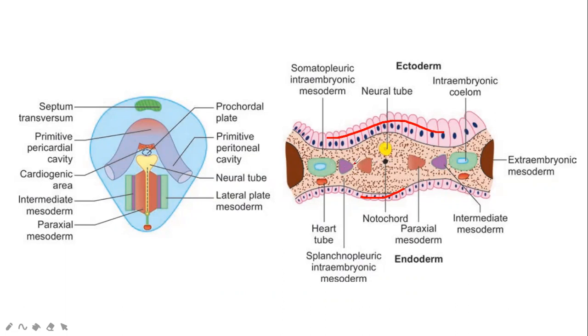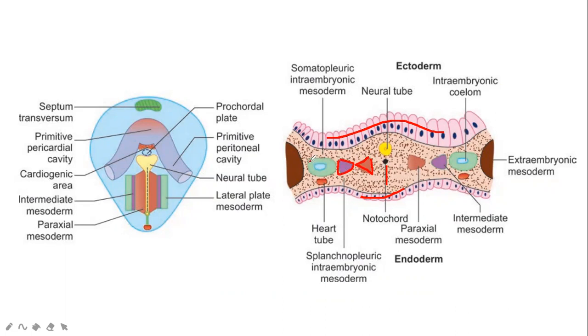So the mesoderm will divide into a mesoderm that will be close to the notochord. The notochord is basically a structure that will come from the endoderm. So the paraxial mesoderm, number one, paraxial, so it's parallel to the axis. And then the intermediate is in between.